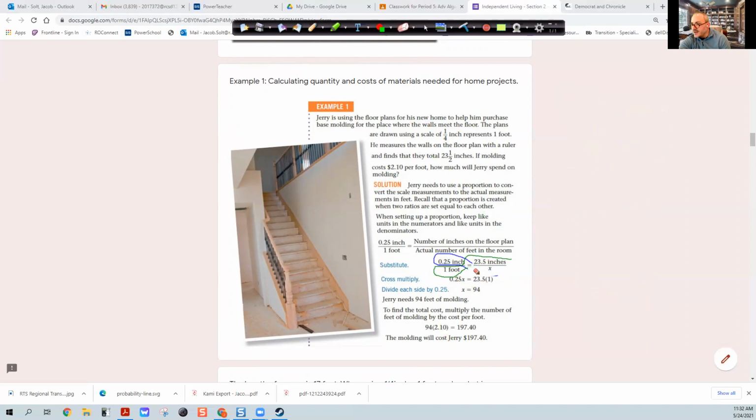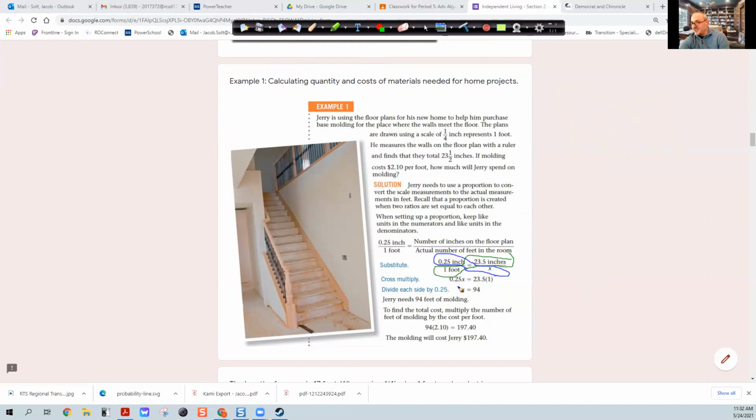I want to cross multiply 1 foot with 23.5 inches. And now I need to redraw the other cross multiplication. There I go. I do want to include the x there. So x is being multiplied by 0.25, that's why it has 0.25 times x. And then it has 23.5 times 1 over here because they're cross multiplying.